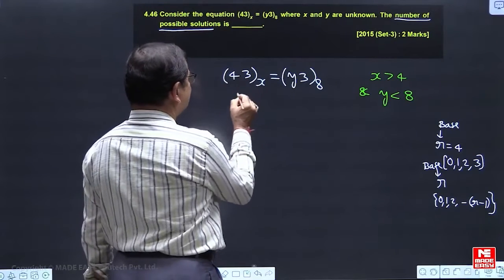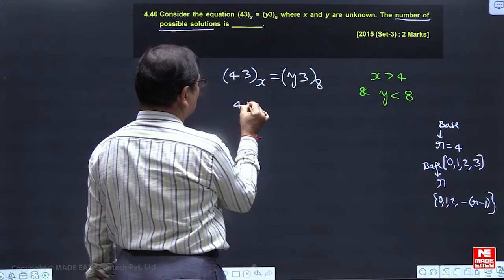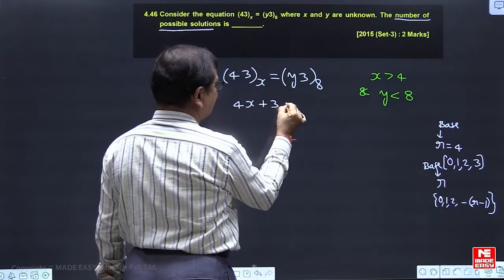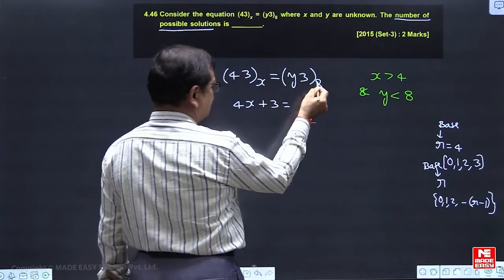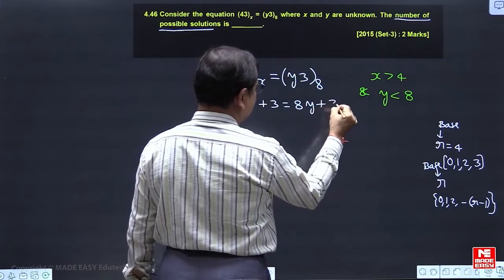So we expand this: the base is x, so it is 4x plus 3. Coming to this, the base is 8, so 8y plus 3.